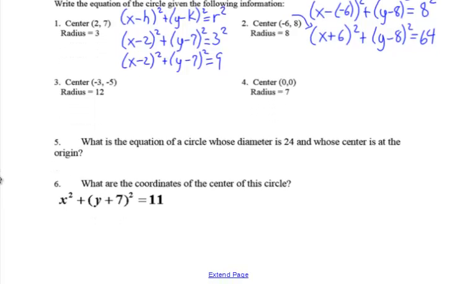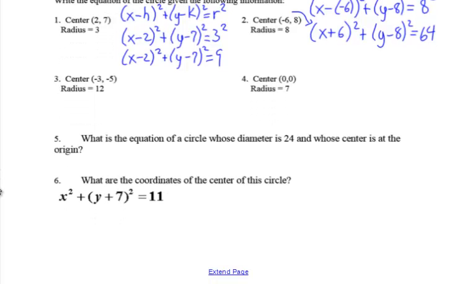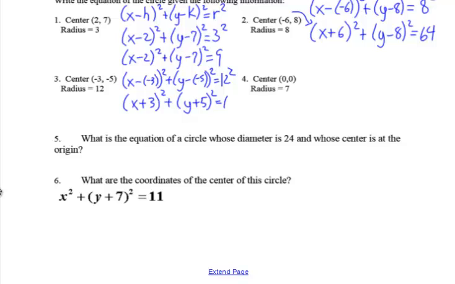All right, number 3, same type of concept here. We're going to do x minus negative 3 quantity squared plus y minus negative 5 quantity squared equals 12 squared. So the two negatives become positive. So hopefully you're seeing how the signs change.